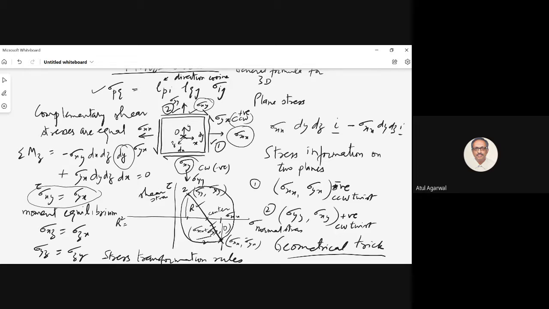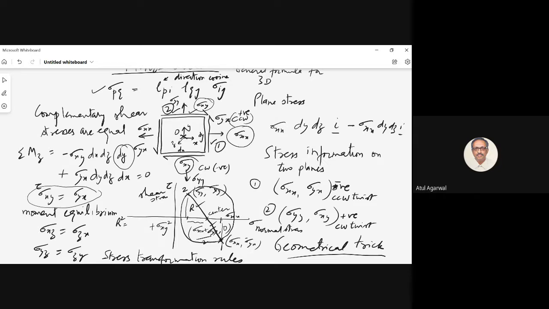You know this distance. The vertical distance is sigma xy. And this distance you need to know. What is this total distance? Sigma xx minus sigma yy.